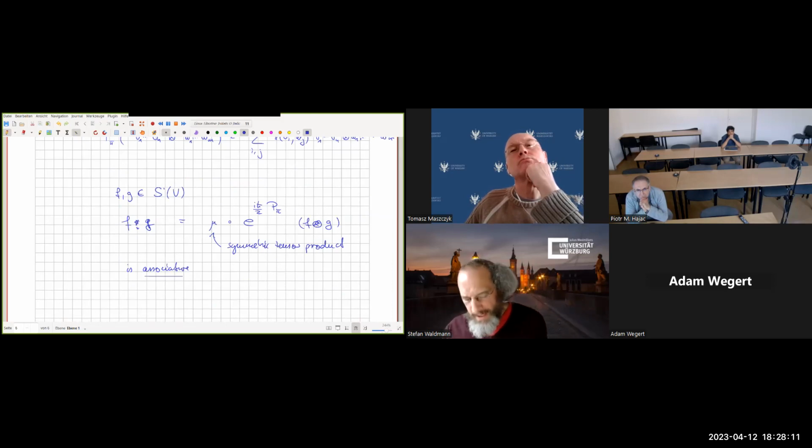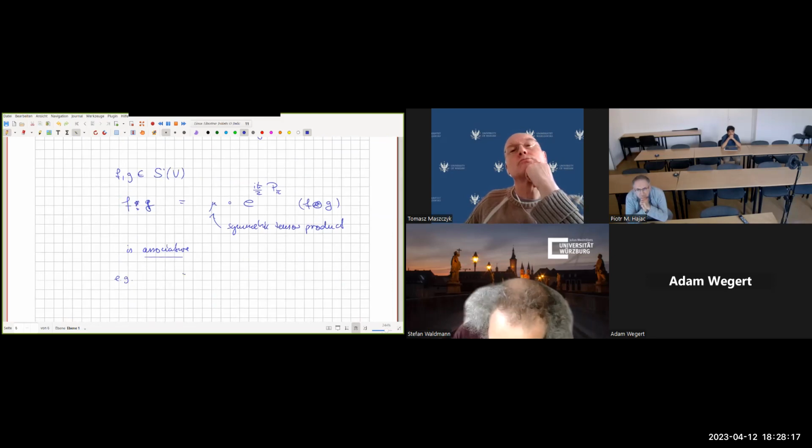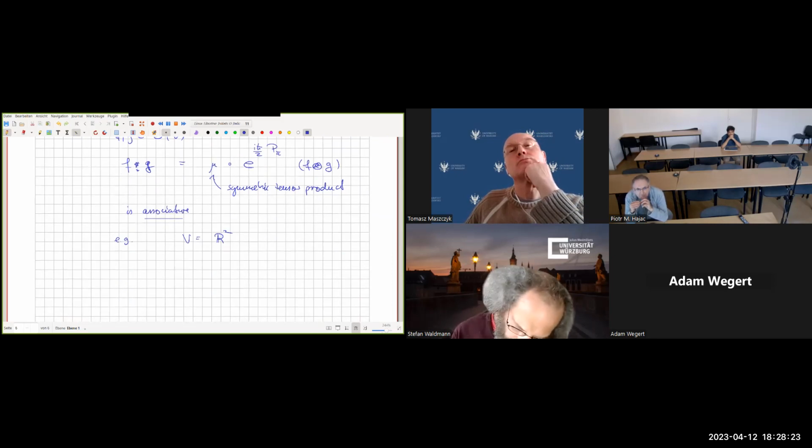As an example, we can take a two-dimensional vector space with coordinates q and p, and then this pi we take as the pairing.